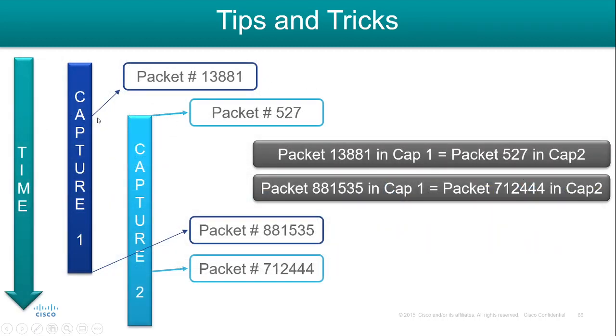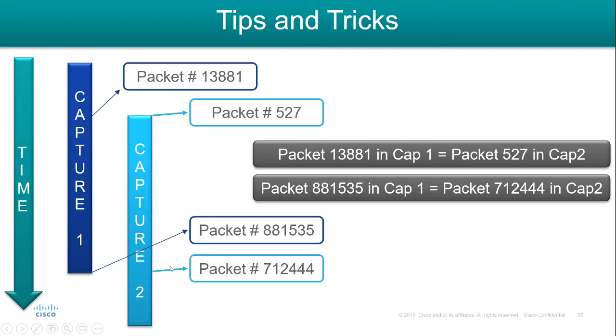I identify which packets are common to both because I was writing down the number. And I could see here at this time, whatever IP I chose, here it was packet number 527. Over on the other capture, it was 13881. I then do the exact same process for the very last packet in the capture that is common to both of them.